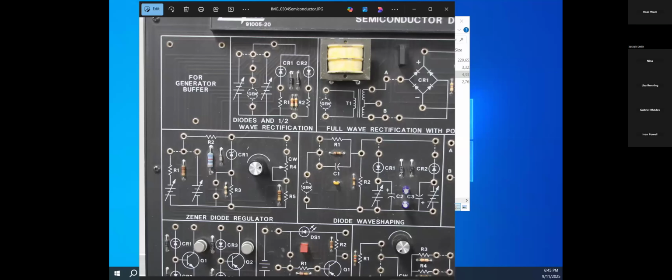You see the diode wave? It says yes. We see a circuit board. When you do the LabVolt, that will be the diode wave shaping.